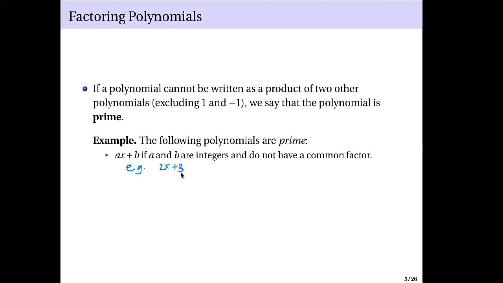Or maybe we can have 3x plus 10. 3 and 10 do not have a common factor. So 3x plus 10 is a prime polynomial. Okay, any questions so far?